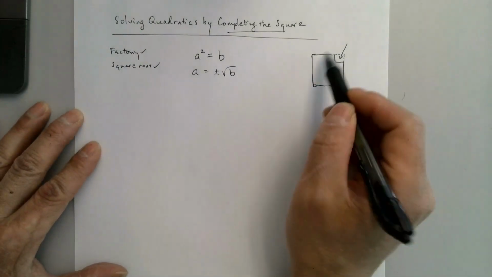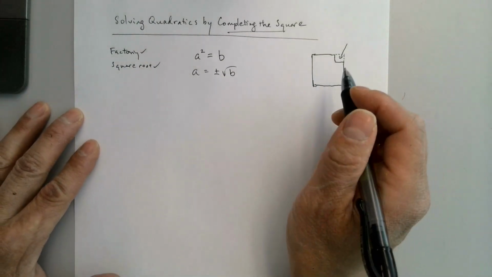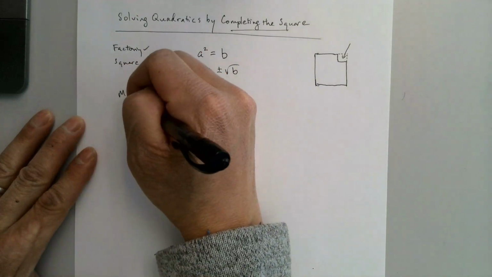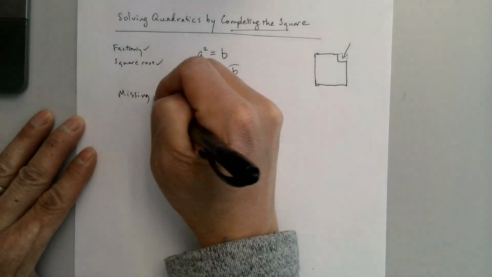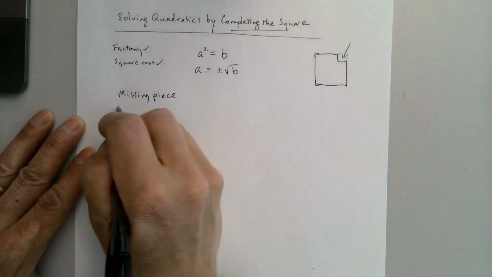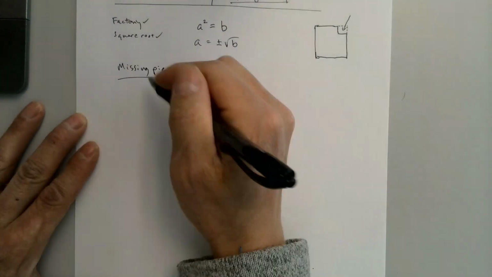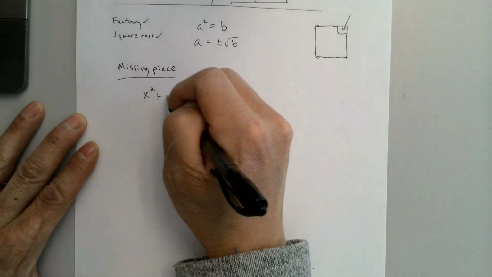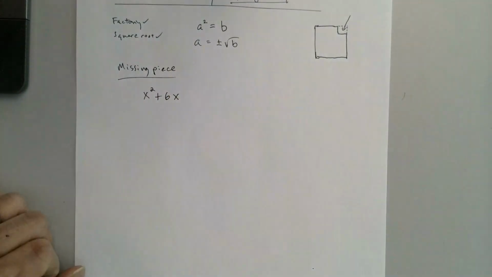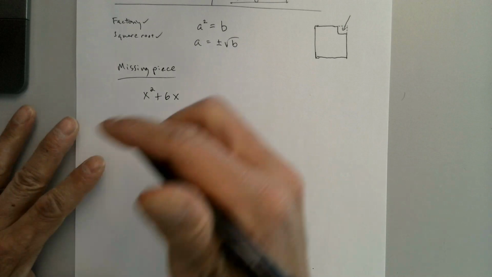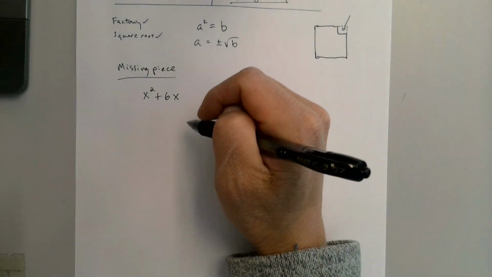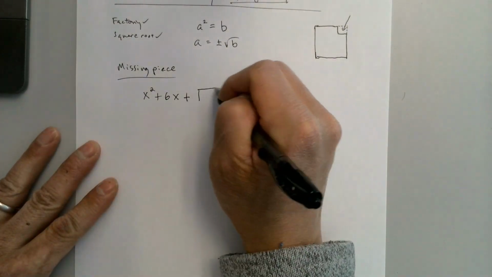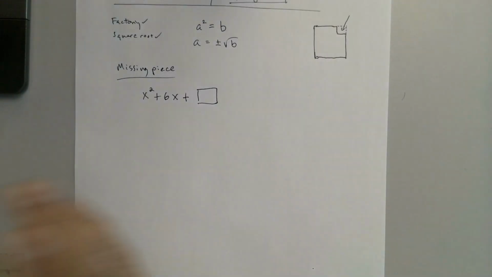Okay, now back to this literally and physically completing a square. We're going to do a little exercise called missing piece. So I have a binomial x squared plus 6x, but I want this binomial to be a trinomial, and not just any trinomial. I want it to be a perfect square trinomial.